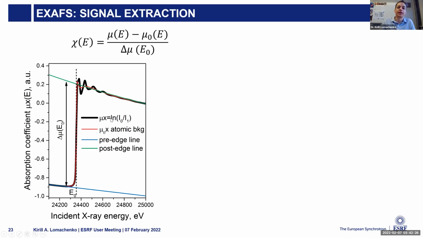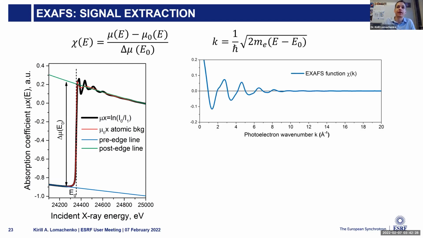And another thing that you have to do is to convert from the energy domain to the wave number domain, because we will be looking at the interference pattern of photoelectrons. It does not make much sense to stay in the energy scale of the incoming photon.